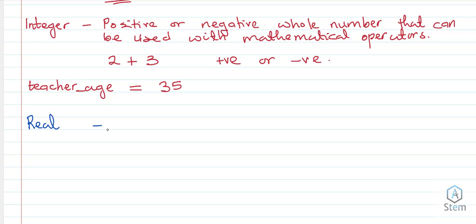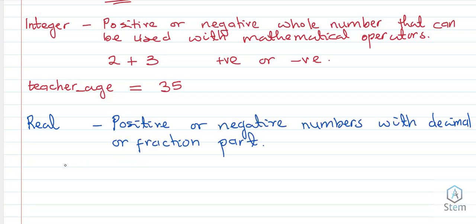They can be used in mathematics. Addition, subtractions, raising to the power of something, division, etc. So, real numbers are positive or negative numbers with a decimal or a fraction part. They can be used with mathematical operators.